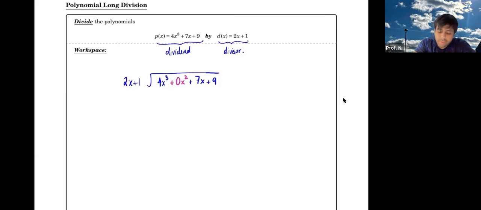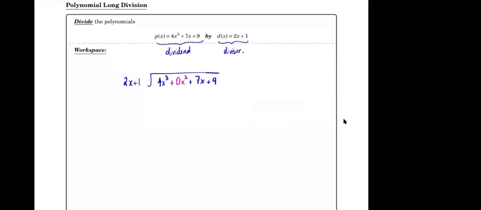And does anybody remember how we proceed with this? What are the steps here for polynomial long division? You do 2x into 4x cubed.